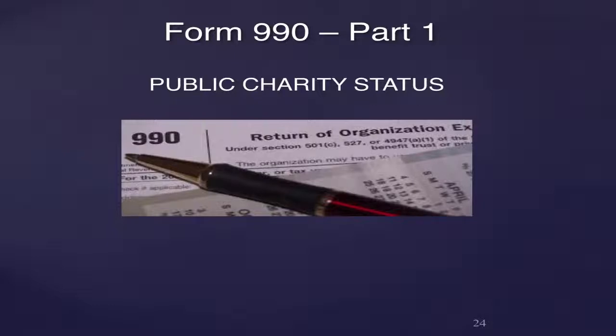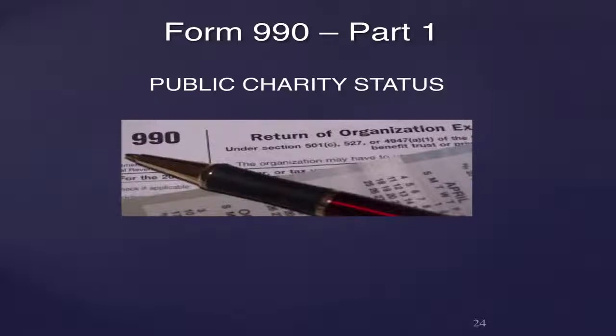Moving to Schedule A, Form 990 or 990EZ. Part 1, Reason for Public Charity Status. The question is, the organization is not a private foundation because it is. You would check boxes 1 through 11. And what we have found is that clients most often check box number 7.